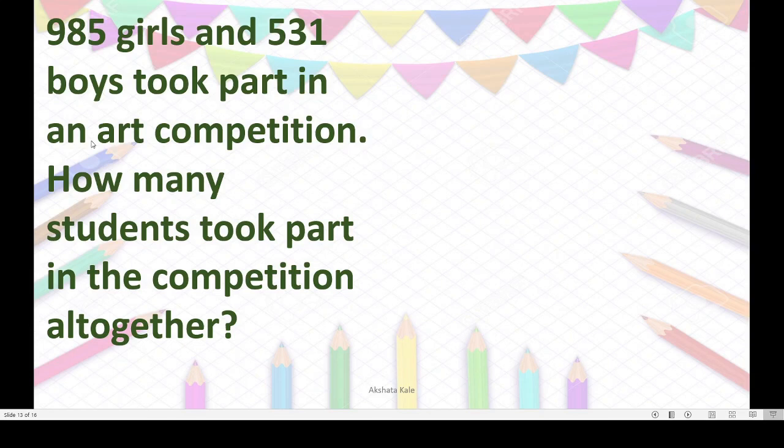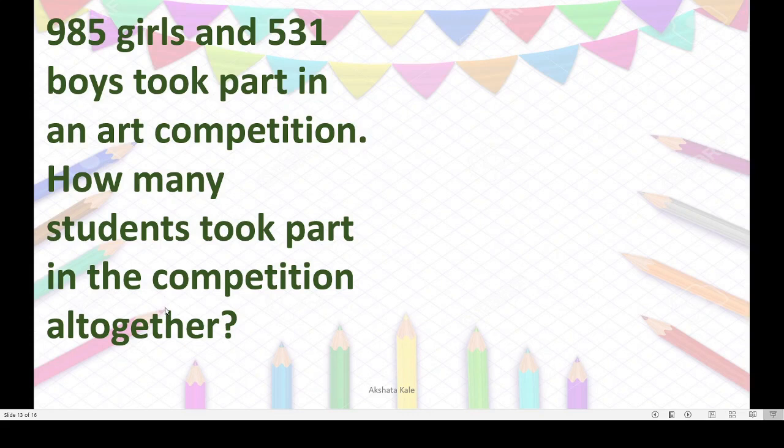See, children, in the school there was an art competition, meaning here you can say drawing competition. And how many girls participated? 985 girls and 531 boys participated in the drawing competition. The question asked is, totally how many students participated in the drawing competition?